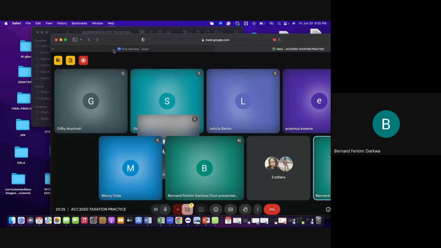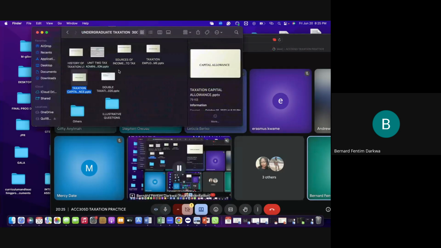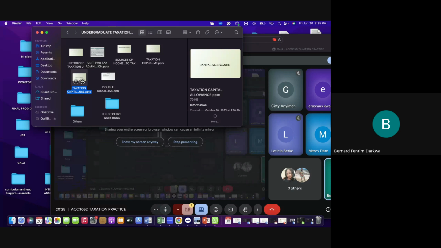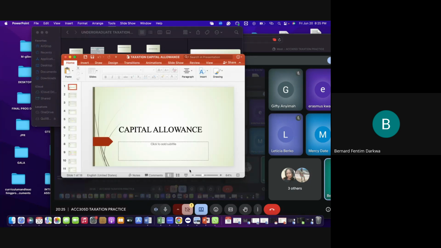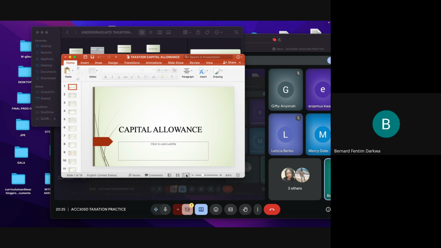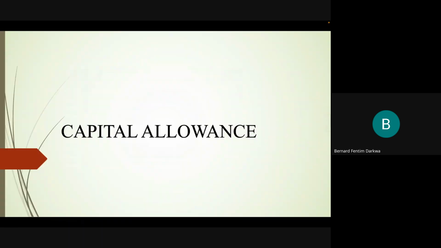You see, in normal accounting, where the sole proprietor or any business wants to determine profit or loss for an organization or activities, all that they do is that they have profits.